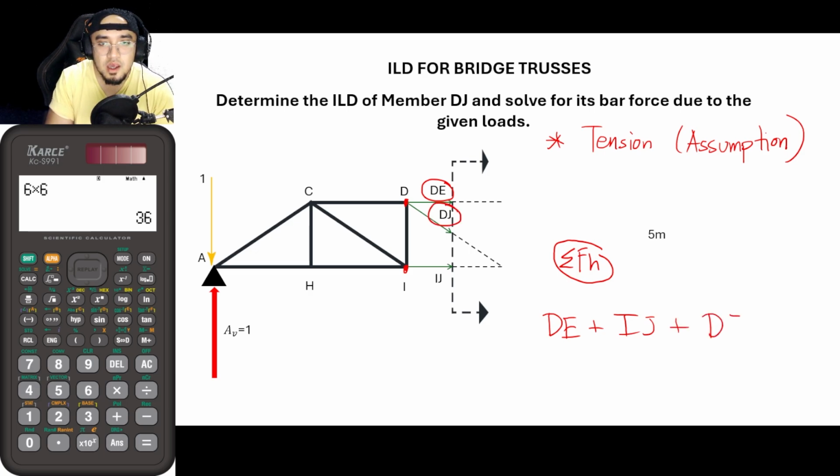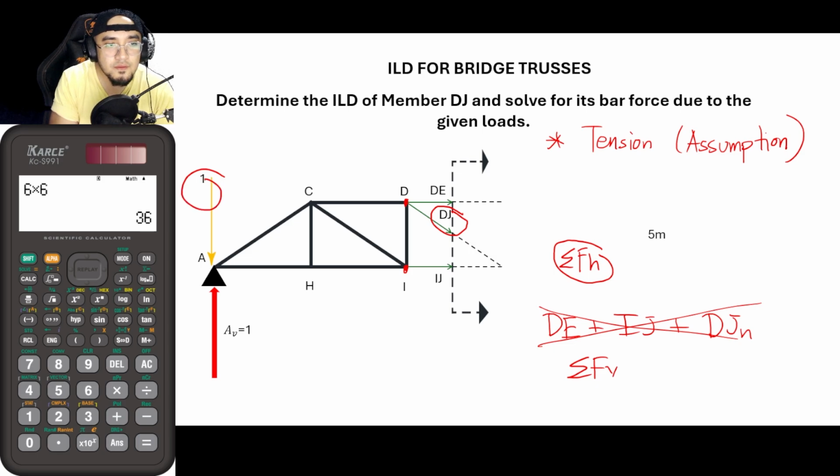So DJ horizontal. As you can see here, we have three unknowns. Basically, we could not solve for anything here. So we will not be making use of this. But if we will be making use of summation of forces vertical, since in our scenario here, the only vertical forces present is the vertical component of DJ, the value of 1, and then the value of AV.